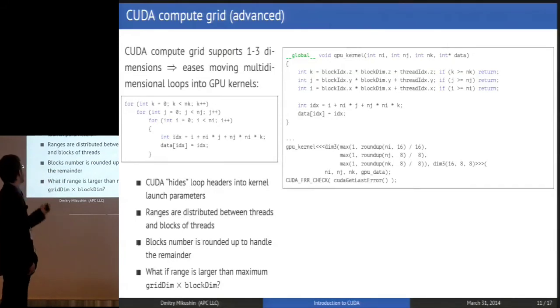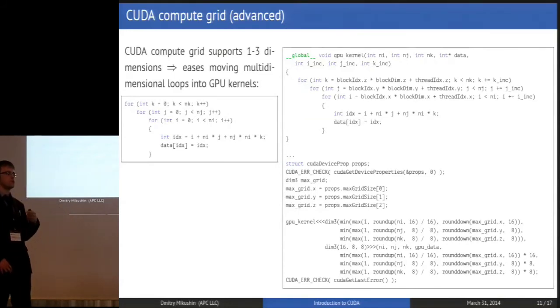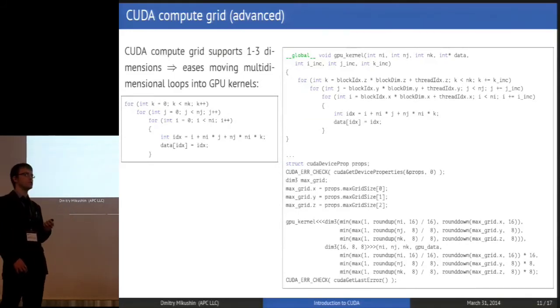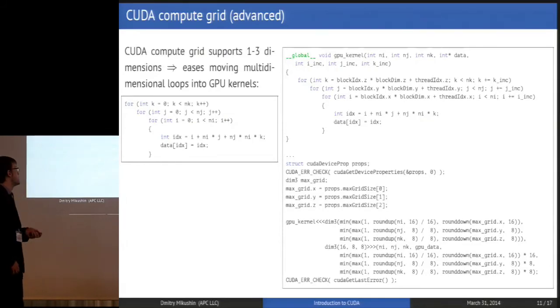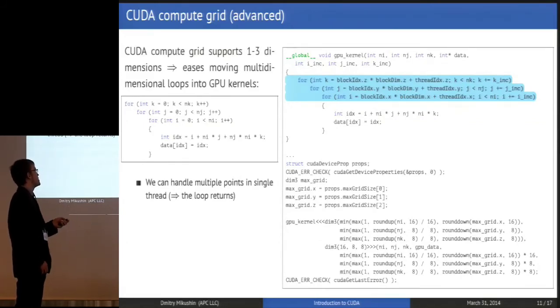So what if the ranges in our loop are larger than the maximum allowed dimensions that we can put here? The obvious solution would be to process multiple grid points in one GPU thread, which means that the loop headers return here. They are back, but in another form: we need to pass a non-unit increment here to iterate over several grid points in a single GPU thread.